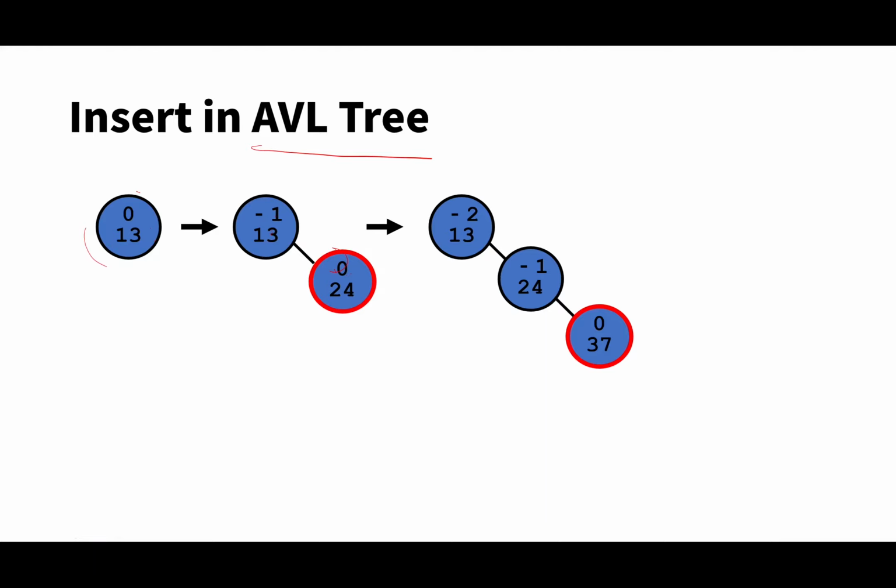When we insert this number here, the balance factor is negative 2, so this tree is not balanced. For this case, we must adjust the tree to make it balanced again. How to adjust it?